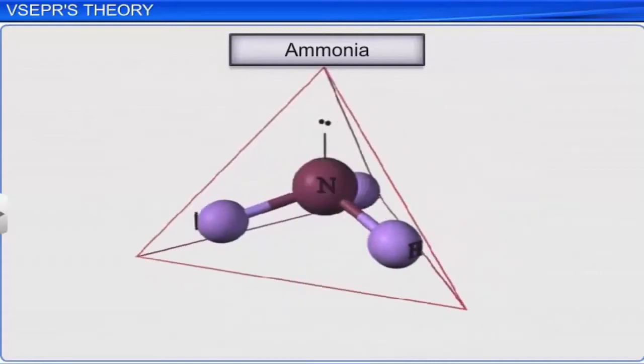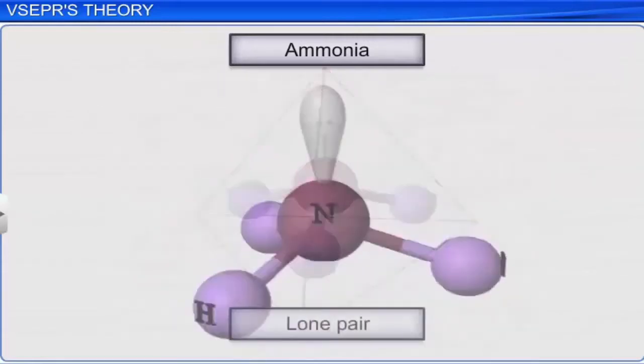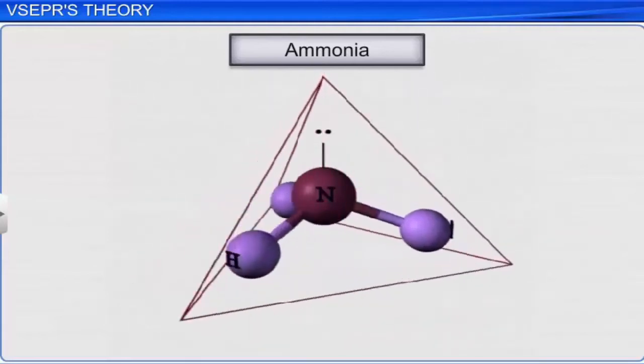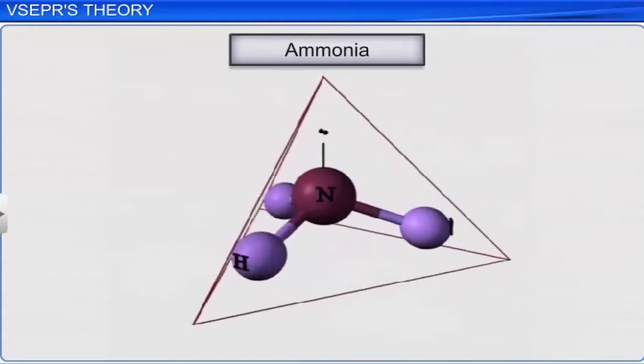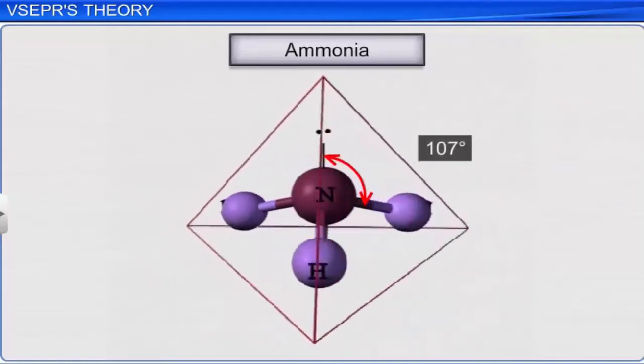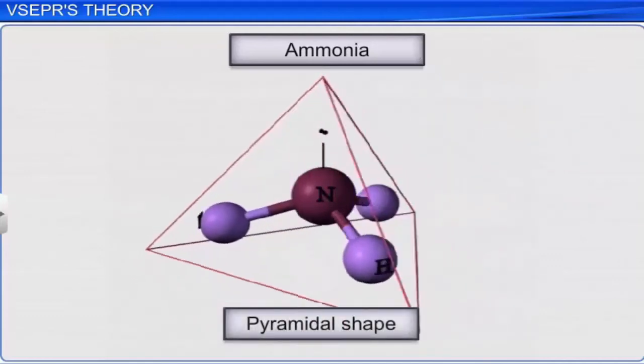However, the lone pair of electrons repulses the NH bonded electron pairs, thus reducing their bond angle to 107 degrees and giving the molecule a pyramidal shape.